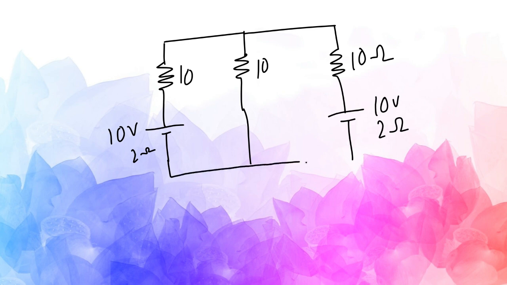Now, as per the superposition theorem, we need to replace this source with its 2 ohm. So it will become 10 plus 2, 12 ohm. 12 and 10 in parallel. So how much is the resistance? 10 into 12 by 22, so this is 120 by 22.